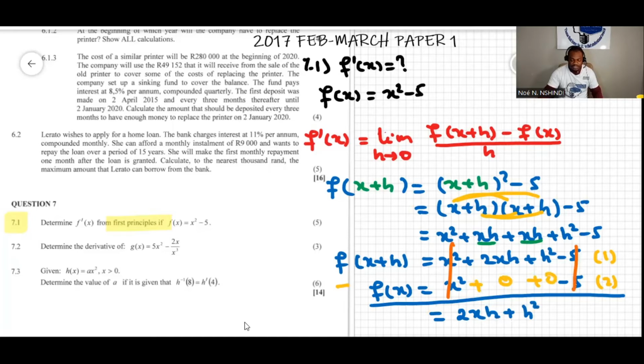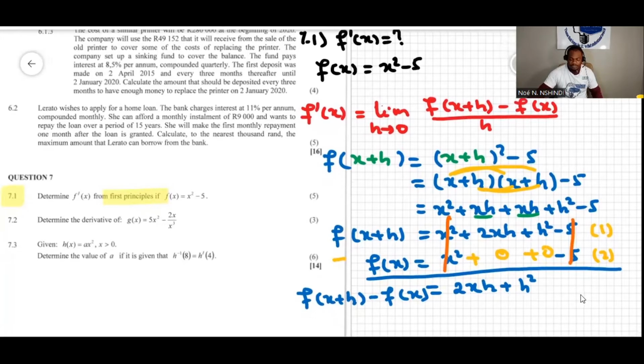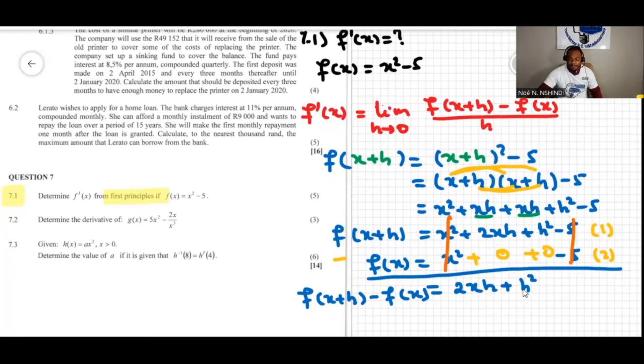This is the difference between the two functions, f of x plus h minus f of x. Now we have the numerator of this function. Then the next thing we notice is that there is a common factor between these two terms.